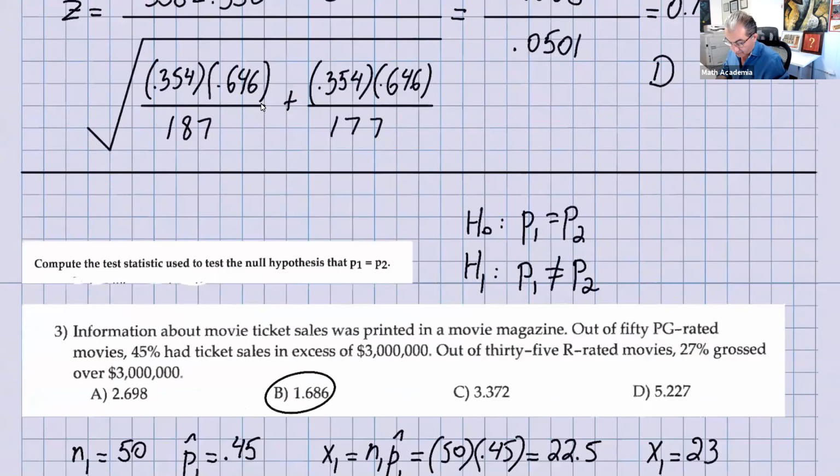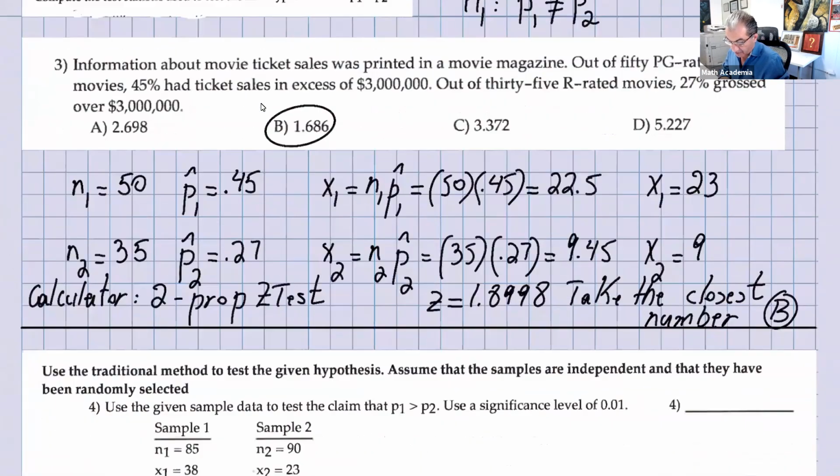Find it and substitute, or with your calculator, you can go to stat test, 2 prop z test, and just substitute x1, n1, x2, n2 and just say calculate, and the calculator is going to give you this answer, and it's very close.